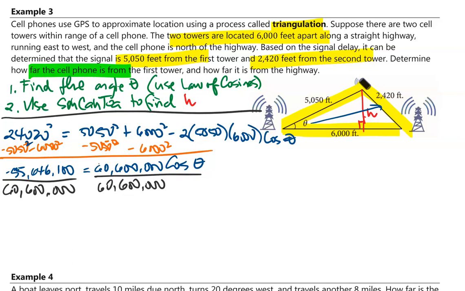And this is negative, and that is equal to 0.91825. It's equal to cosine theta, and then inverse cosine both sides.